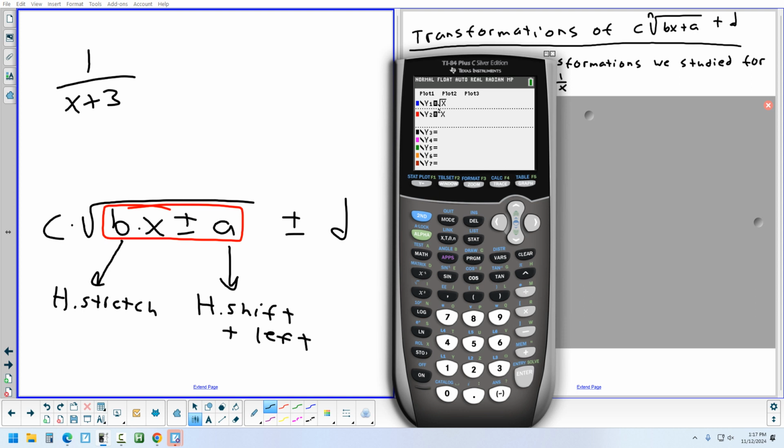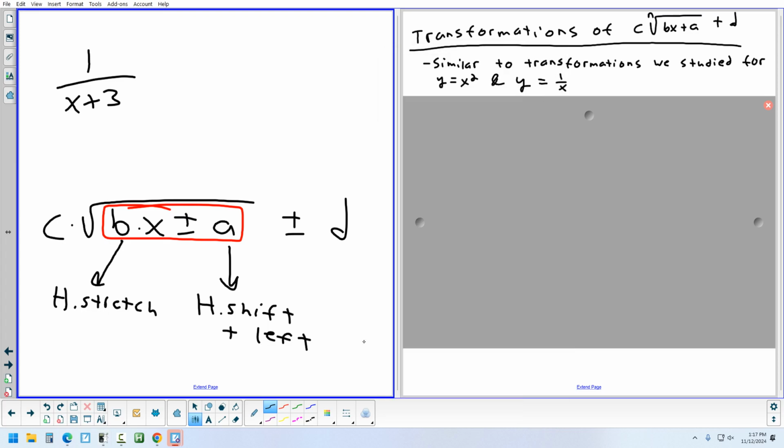When you do x plus 2, it's going to move it to the left. You might think plus should go to the right, but watch what happens. There's the original. Now watch the plus 2. It moved it to the left. So plus moves it to the left. Which way would minus move? To the right. So it's backwards.